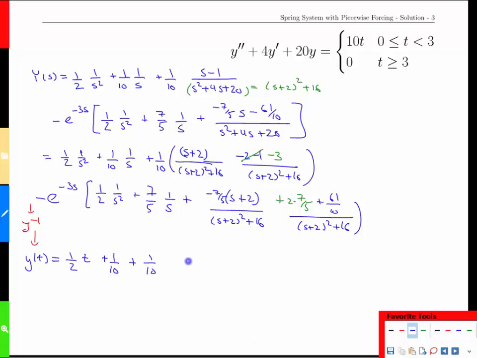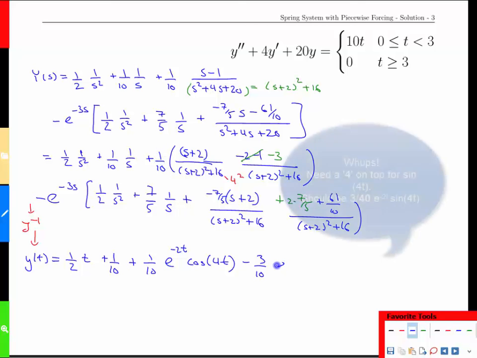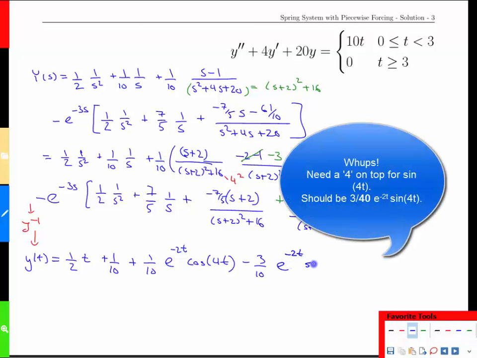We have an s on top, and it's going to be a cos of 4t, because this 16 here defines the k, and it is 4 squared. The other term, the fact that it's s plus 2, means we have a negative exponential. By similar logic, we're going to have minus 3, don't forget the 1/10 out front, of e to the negative 2t, and sine of 4t.